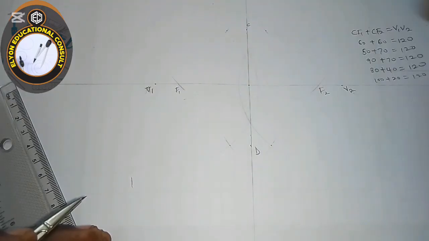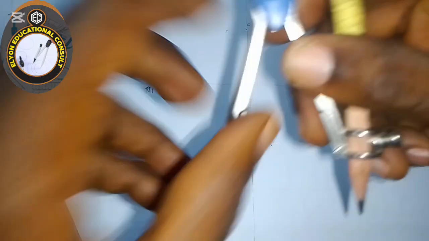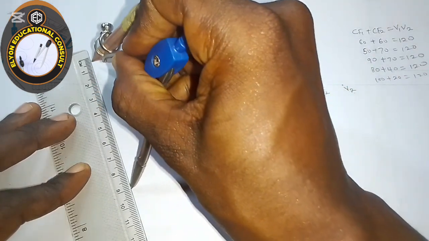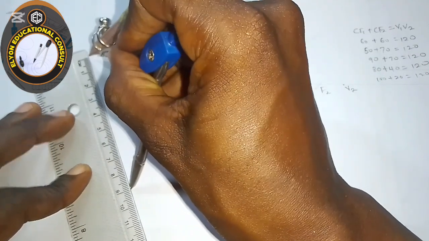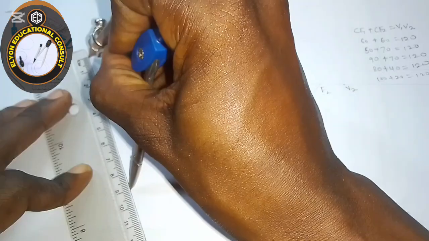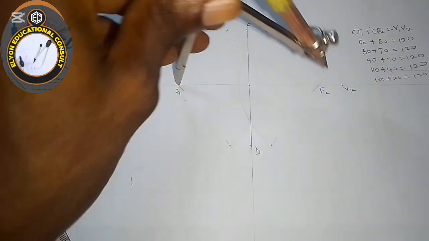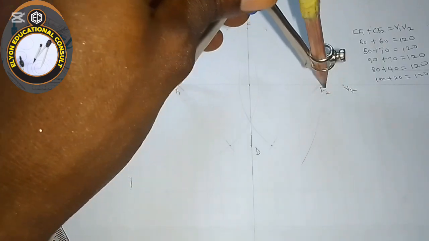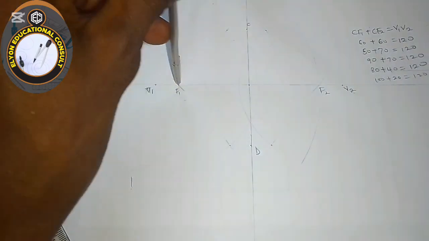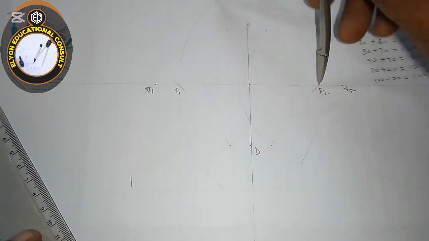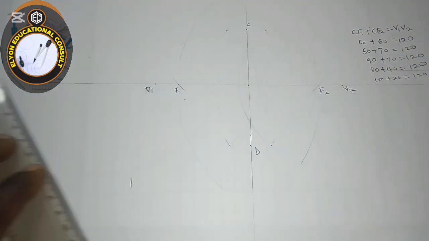All right. Then we have the next one, 90. Place it on F1, strike this arc on both sides like that.